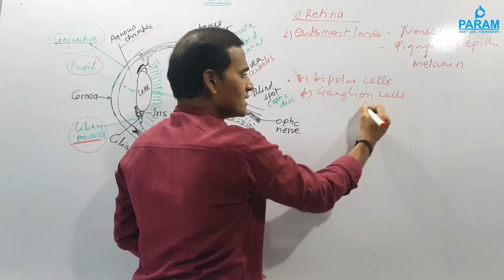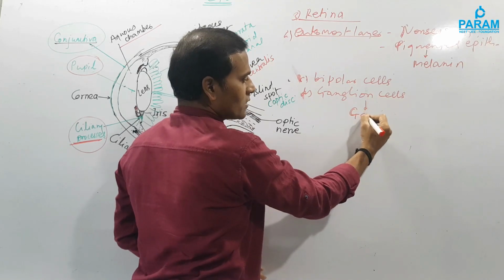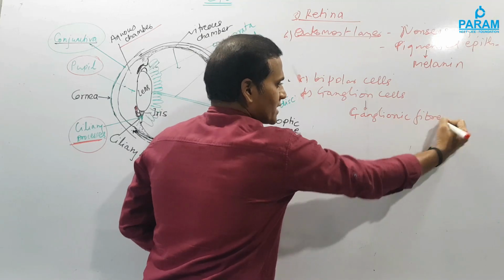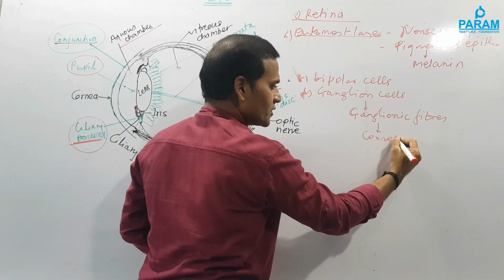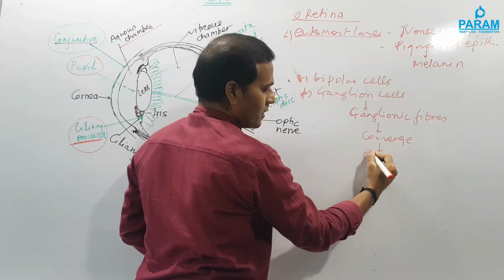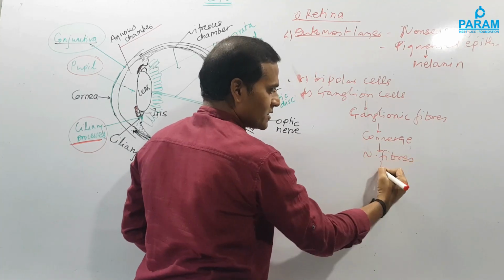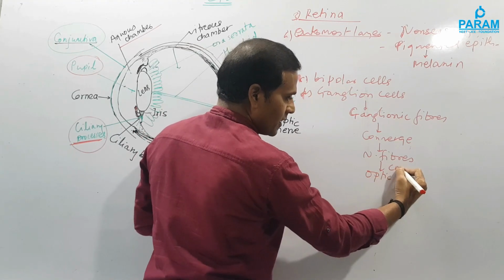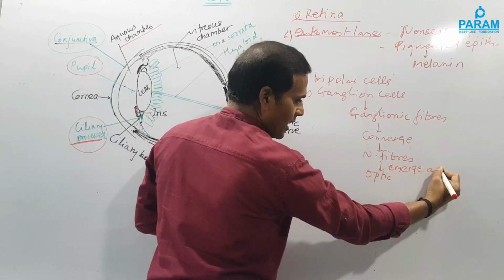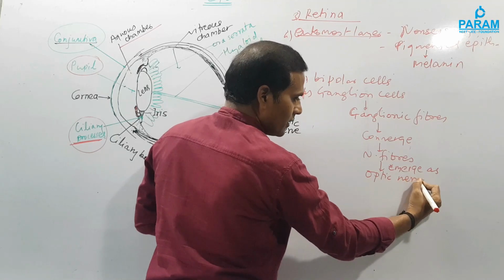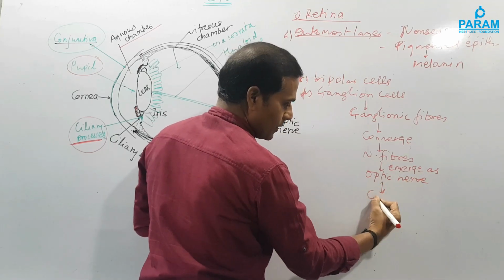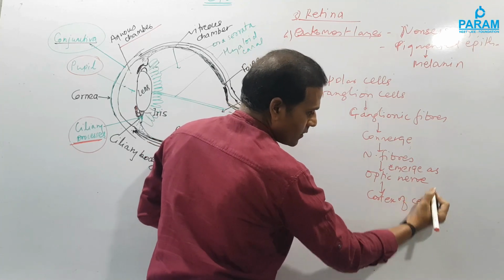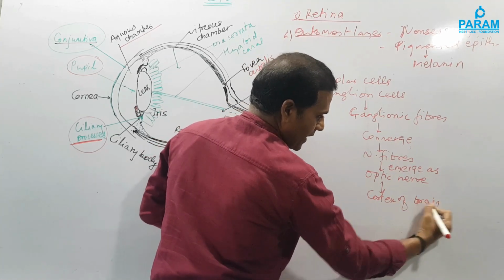Now ganglion cells give ganglionic fibers. These ganglionic fibers converge to form nerve fibers, and these nerve fibers emerge as your optic nerve, and this optic nerve will be supplied to the cortex of your brain.